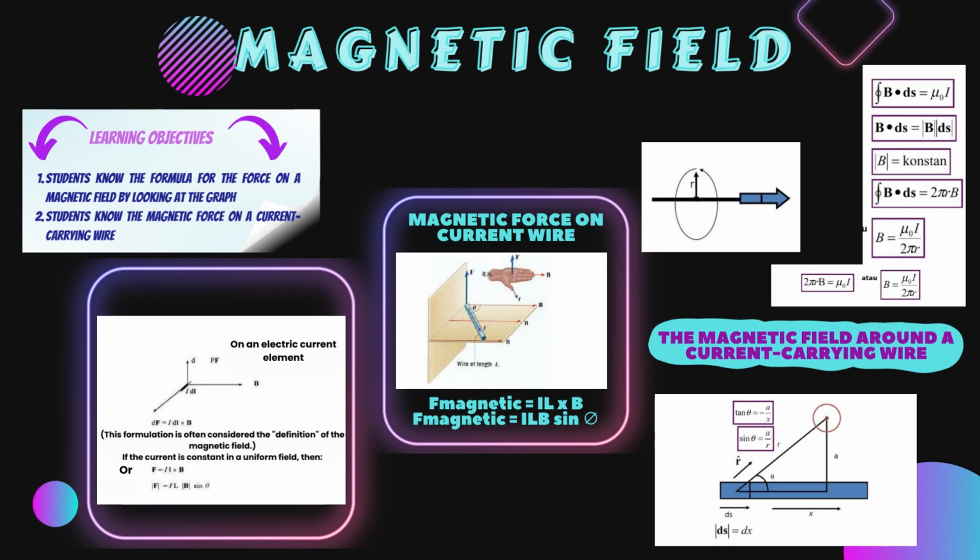The formula is F magnetic equals I times L times B. Or if the angle is known in the problem, we can use F magnetic equals I times L times B sin theta. The other formula about the magnetic field uses an integral.